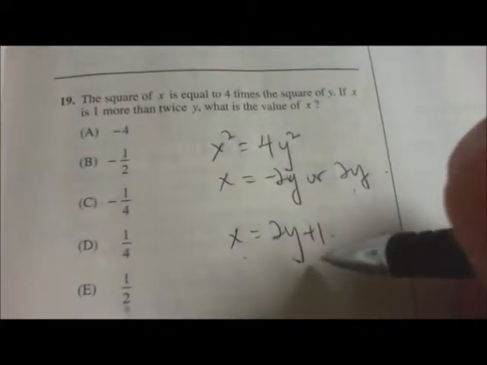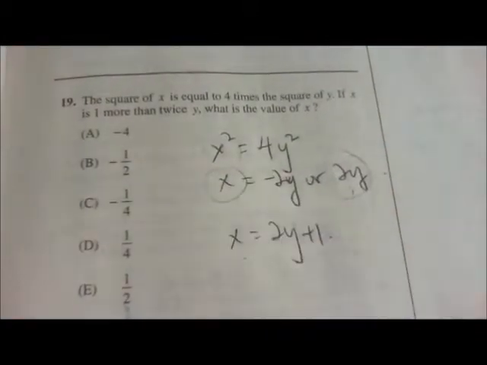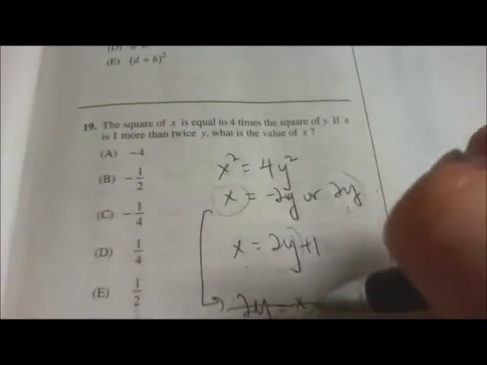So I can say that 2y can be equal to x or 2y can be equal to negative x. If I replace it by x, x minus x is 0, so this doesn't work, it cancels. So if I use 2y equal to negative x, then x equals negative x plus 1. So negative x moves over and becomes 2x. So 2x equal to 1, x equal to half.